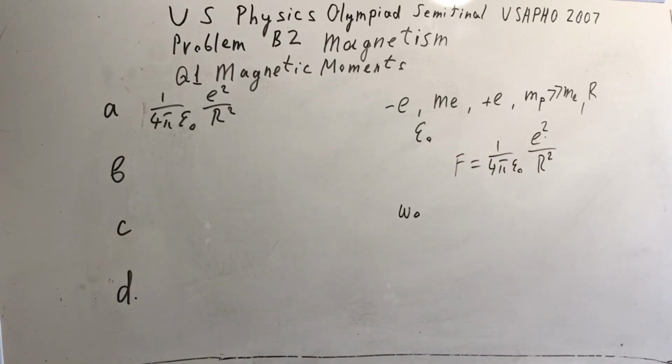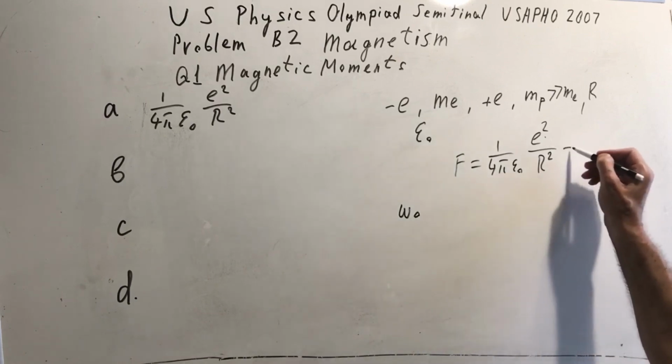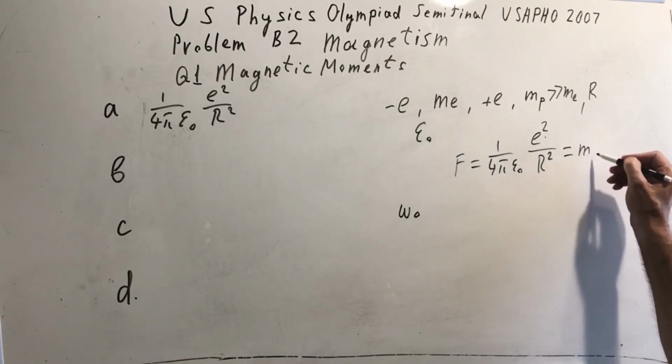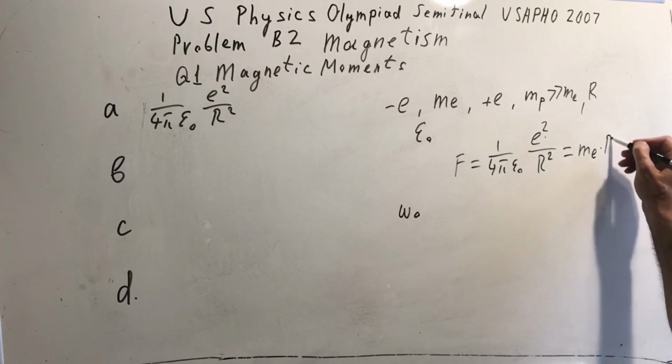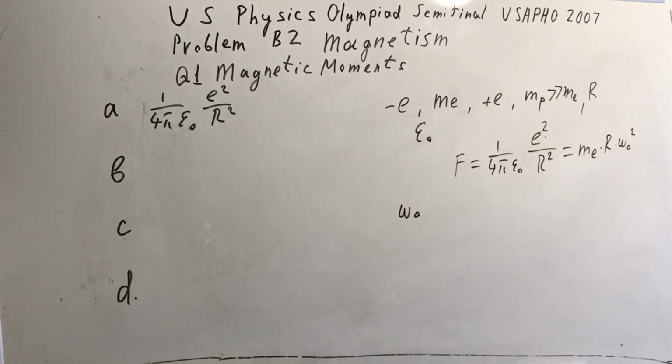So if we have a charge at radius r, we know that the centripetal force will be F equal to the mass of the electron multiplied by the radius and multiplied by omega 0 square. So this is our equation.